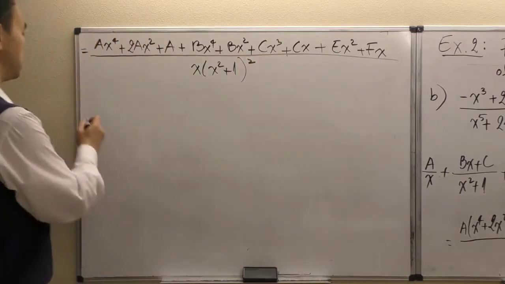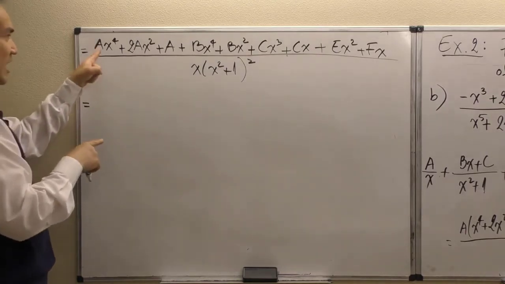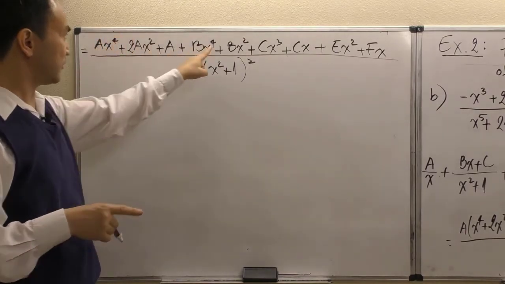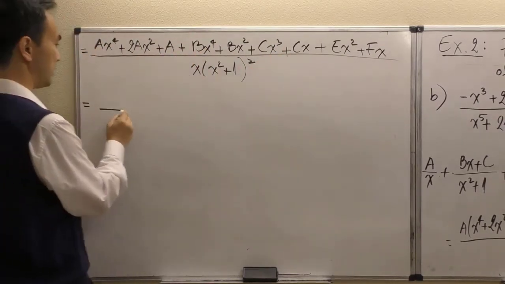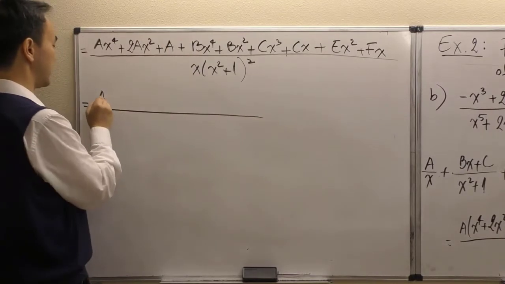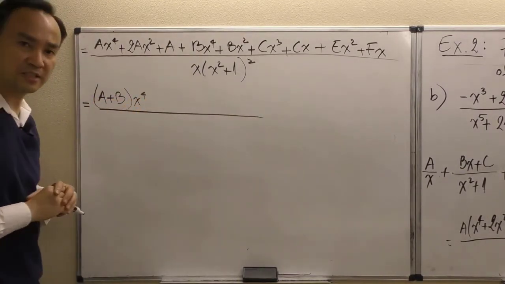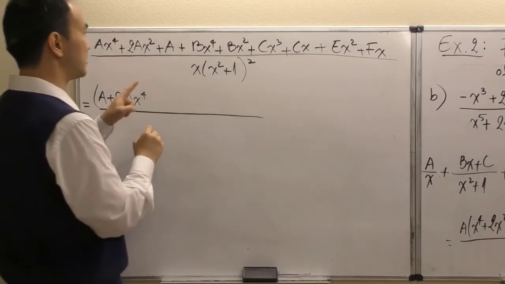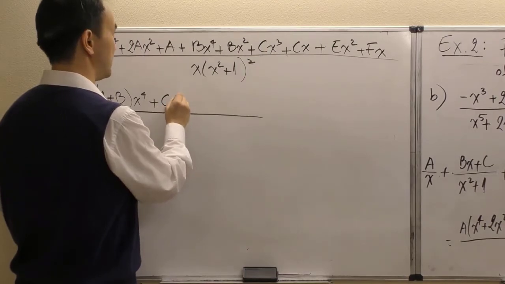All right, and so now let's combine like terms. So I have x to the fourth is the highest power, and then there are two like terms there. So now I am going to combine like terms. What I'm looking at now is a plus b times x to the fourth. So that's my x to the fourth term. And then now I'm looking at cubic. There's only one cubic term, so plus c x cubed.